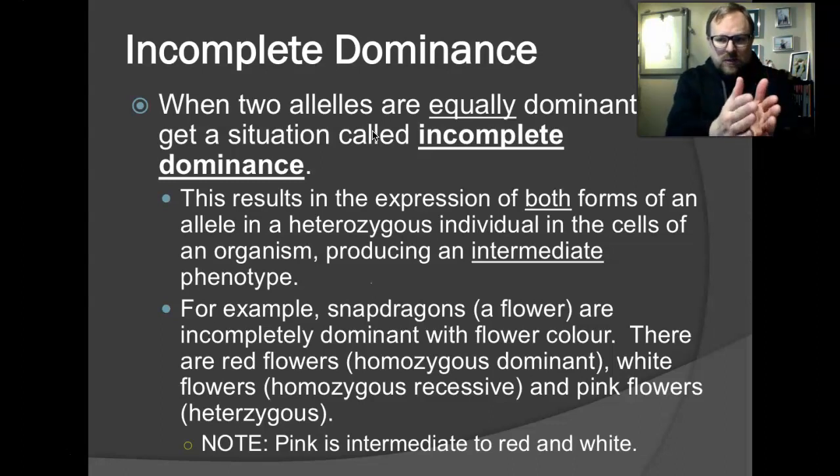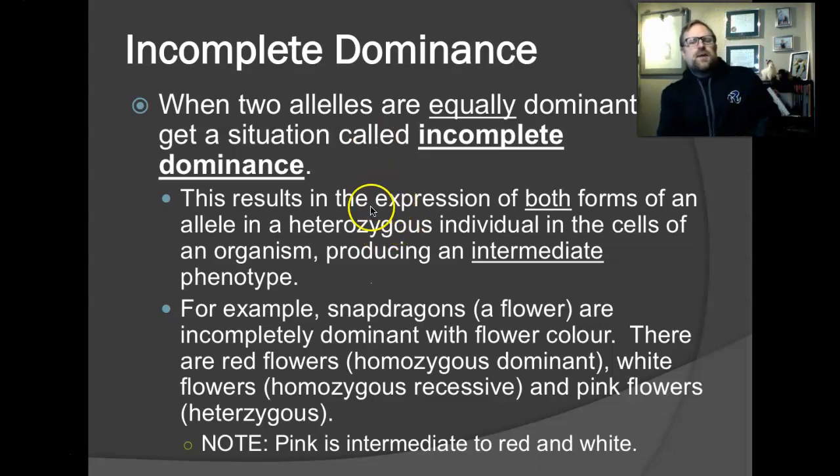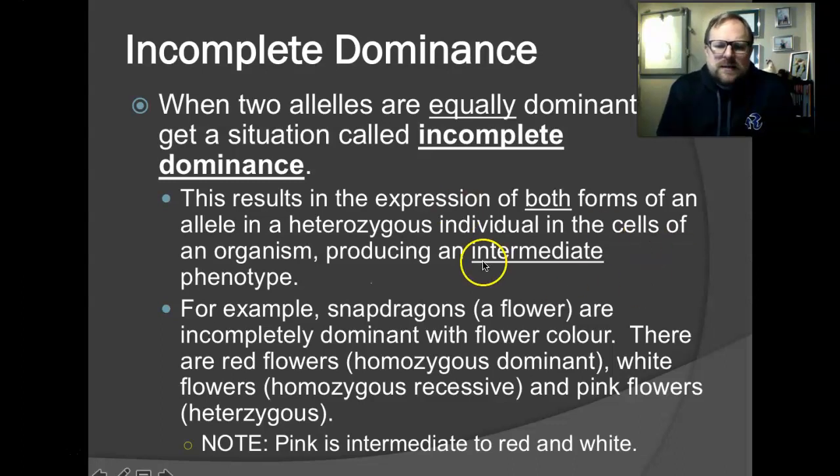So this results in the expression of both forms of the allele in a heterozygous individual in the cells of that organism, producing what we call an intermediate phenotype. I like to think of that intermediate phenotype as more or less a mixture of the two.